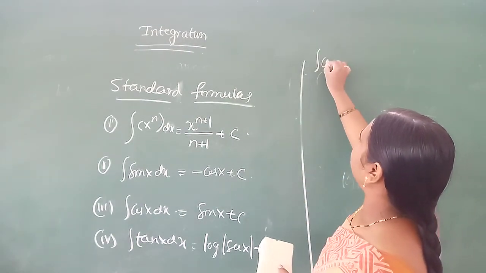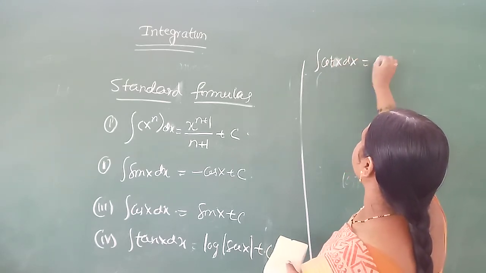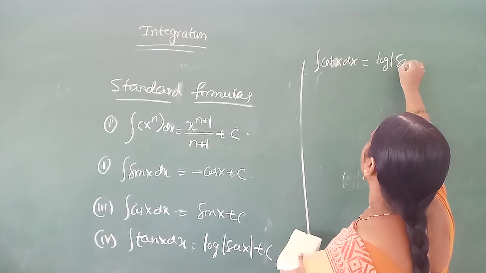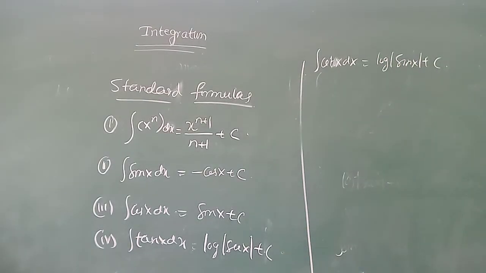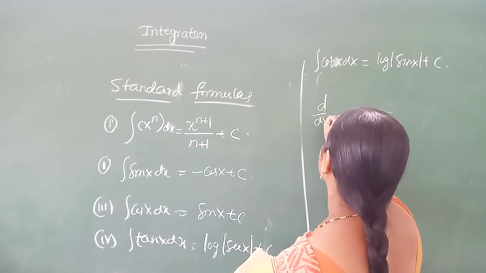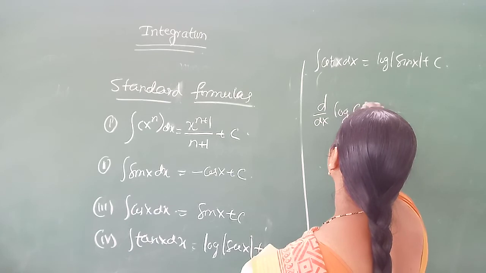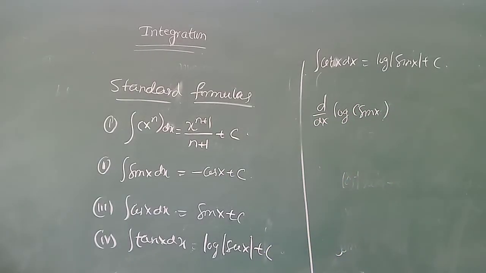Integration of cot x dx is log of modulus of sin x plus c. Log modulus of sin x. Take d by dx of log of sin x. Okay. Differentiation of log of sin x.